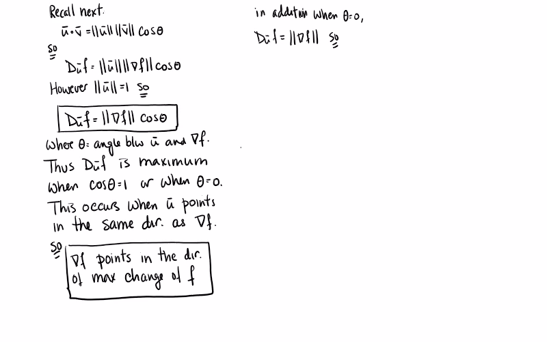So this gives our final point in this section, which is that the magnitude of the gradient equals the maximum directional derivative.